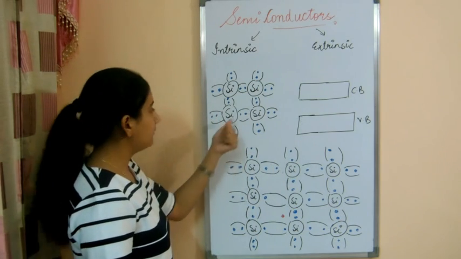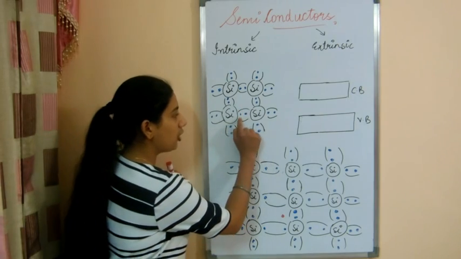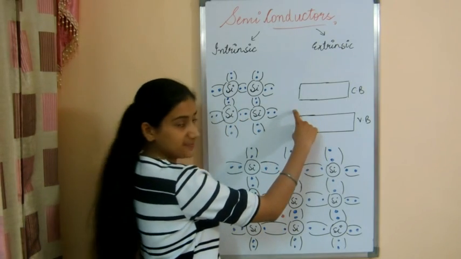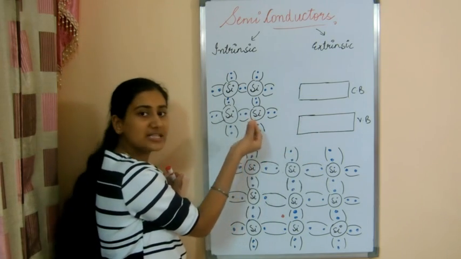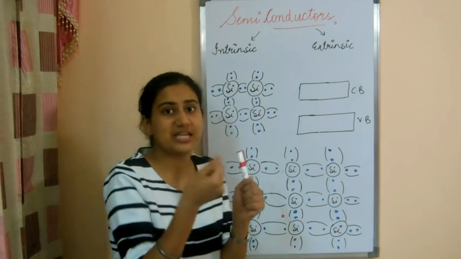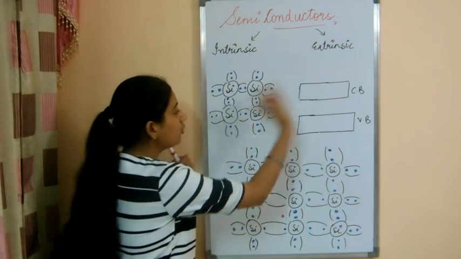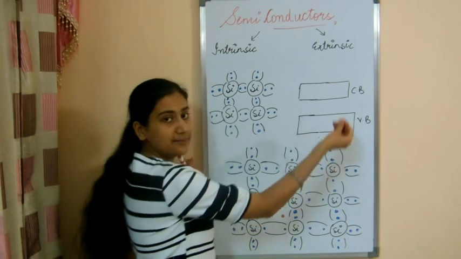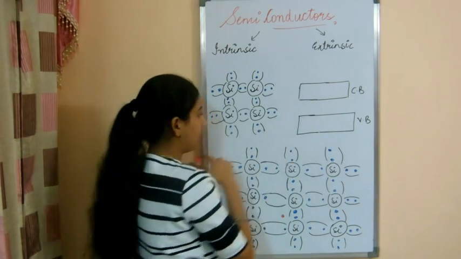Now in this atom, suppose this bond breaks. That means the electron which was having energy in this band has gained energy because of thermal agitation and has broken its bond because now it has gained energy and it will move fast. So it has moved away from its position and jumped to a higher energy level. That means it has reached the conduction band.